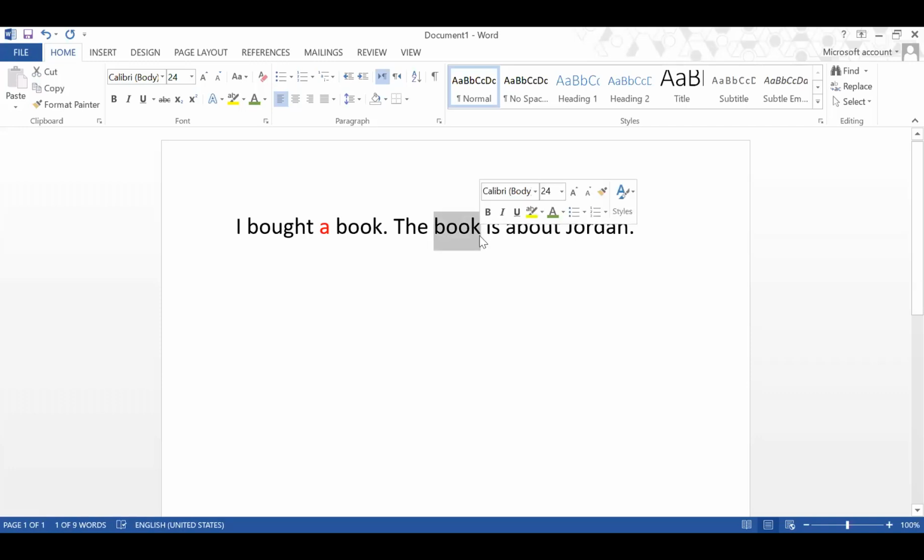You know which book I am talking about. I'm talking about the book that I bought yesterday that I told you about. So here, I am using the article the because you know which book I am talking about. When the noun is mentioned previously, we use the article the.